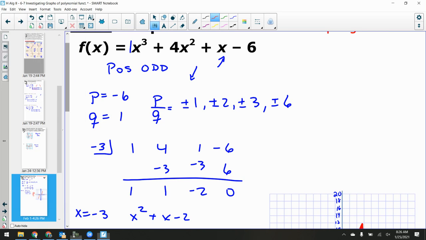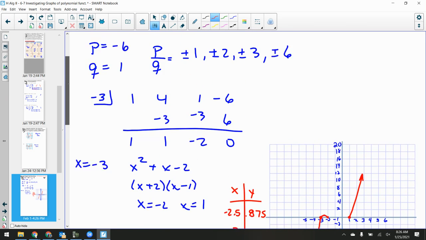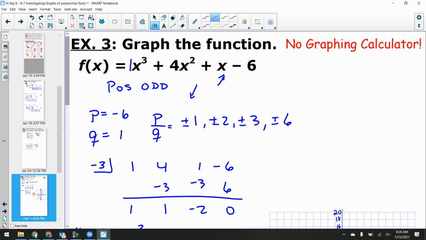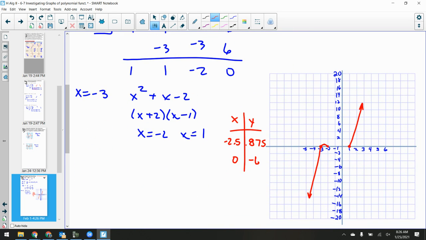Looks like it's a 0.875. But it's positive, so it goes up just barely like that. And then if I plug in 0, it's just going to give me my y-intercept, which is -6. 0, -6. So we'll just kind of put it right in between there.